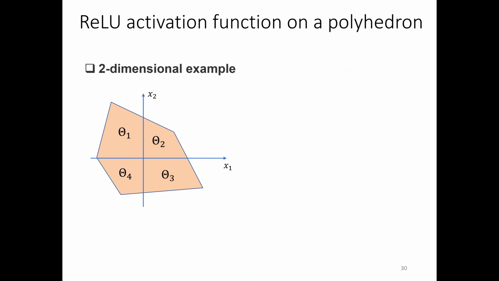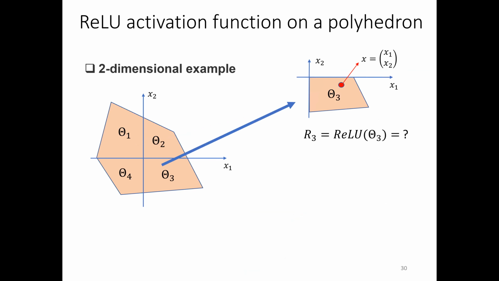Okay. So now go to the third region. So what do we get? 0, 0. 0 for x1. Are you sure? x1, 0. You get x1. Oh, x1, 0. Yes. Yeah.